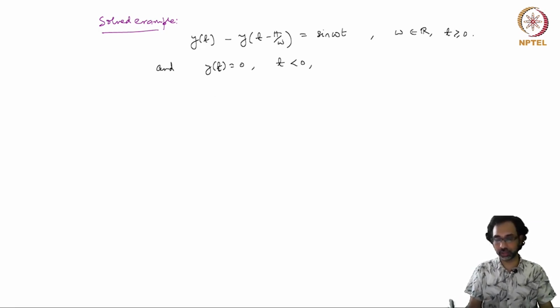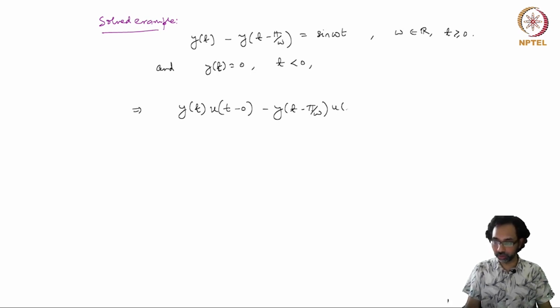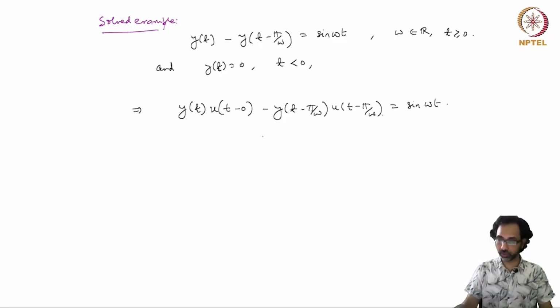In order to find the Laplace transform for this equation, we can write this as y(t) u(t minus 0), where u is the Heaviside step function, minus y(t minus pi by omega) u(t minus pi by omega) equals sine omega t. We can write this because y(t) is equal to 0 for t less than 0.